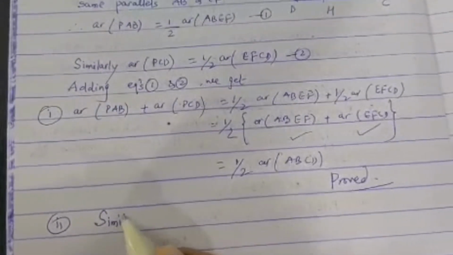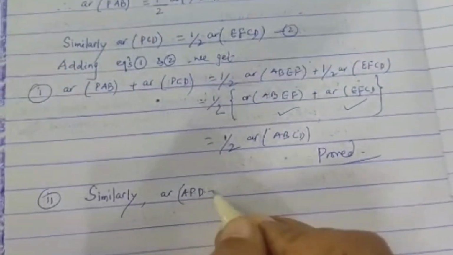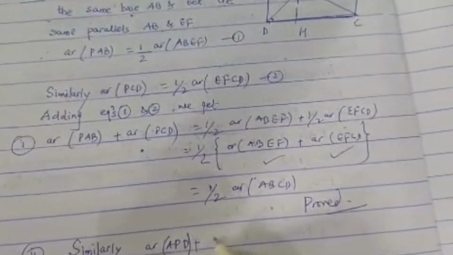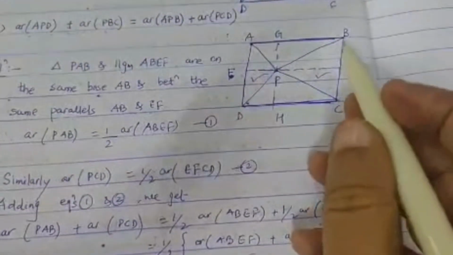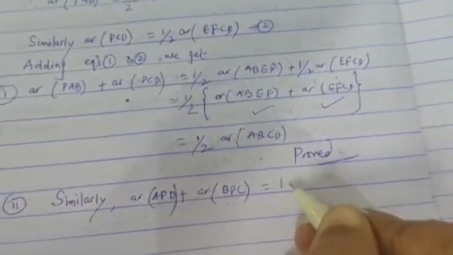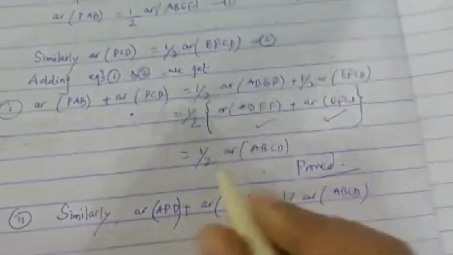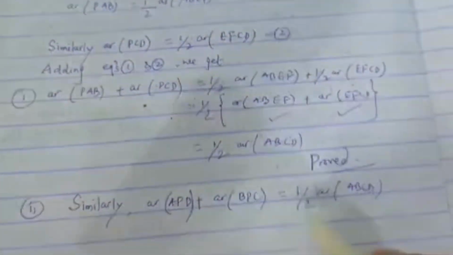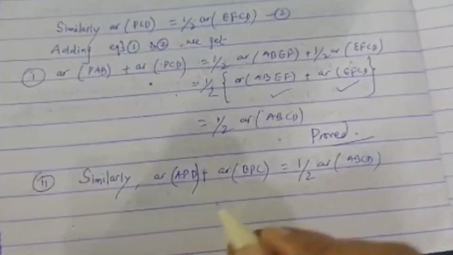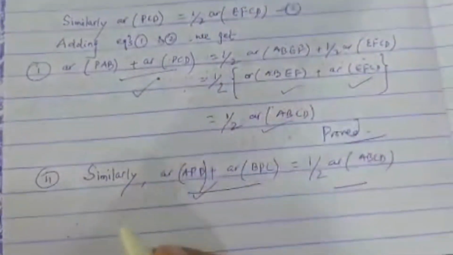Similarly, we can write that area APD plus area BPC is equal to half of area ABCD. In the same way we can write this. Therefore this is equal to this and this is equal to this. That means this is equal to this.